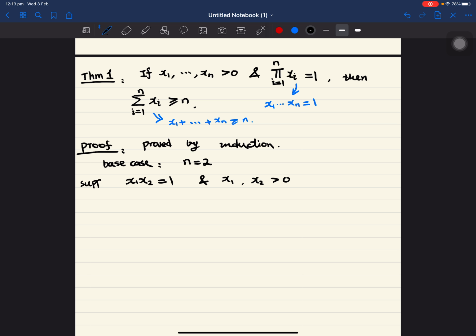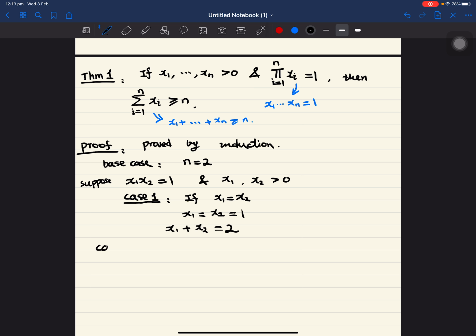Suppose we have that, then we split into two cases. So case 1, if x1 equal to x2, then we have only one choice, that is x1 equal to x2 equal to 1. Then clearly x1 plus x2 is equal to 2.